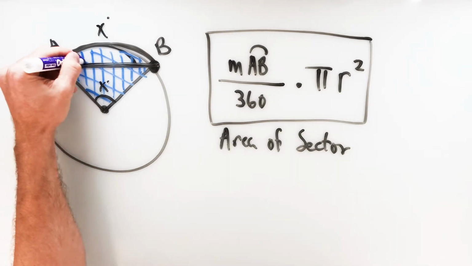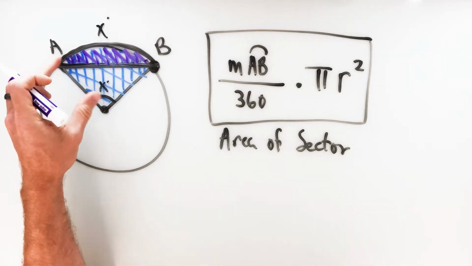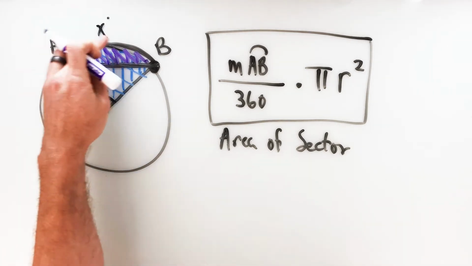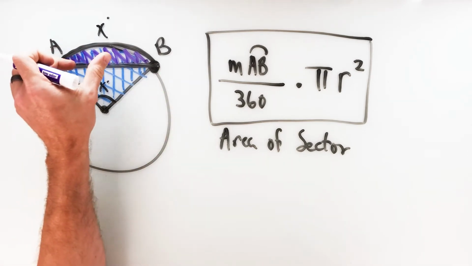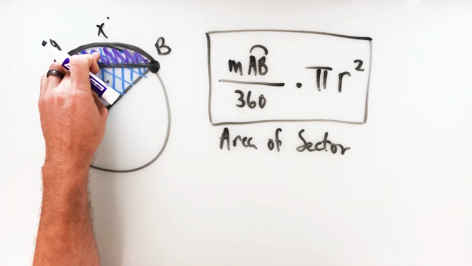This is what we call a segment of a circle. A segment is really just a portion of a sector. I like to think of it as like the crust of a pizza slice. The sector is the whole pizza slice, and the segment is just the crust, just the end portion right up there.